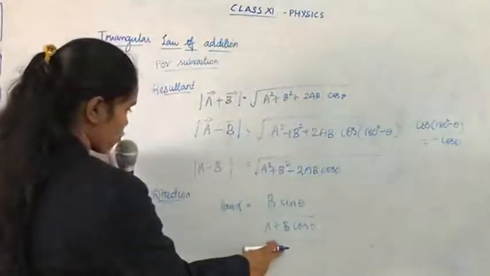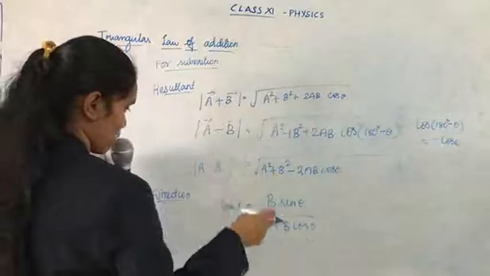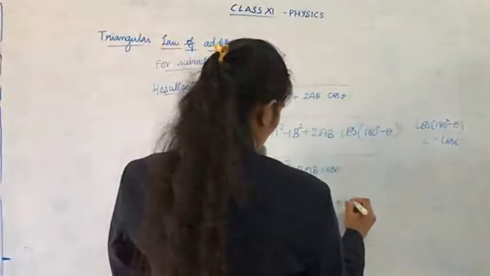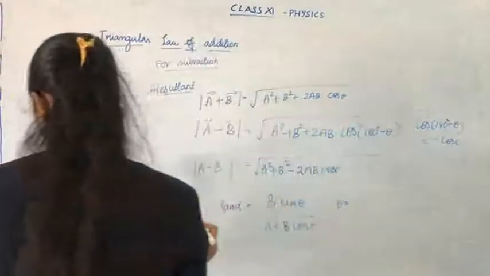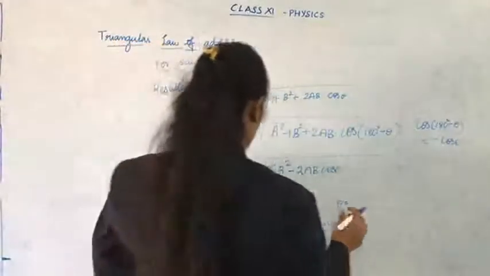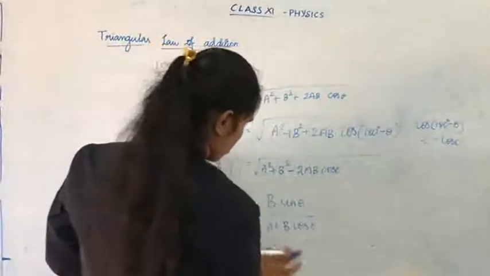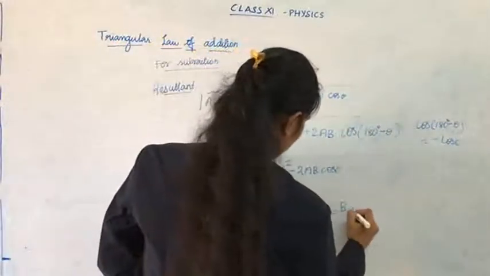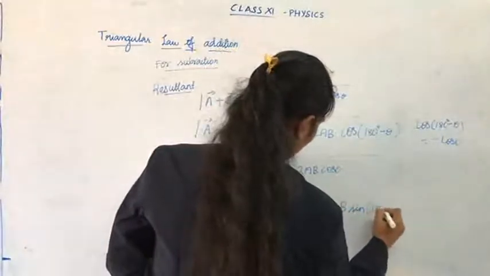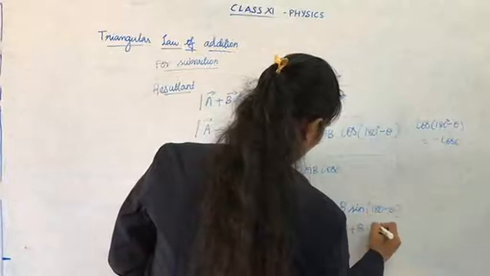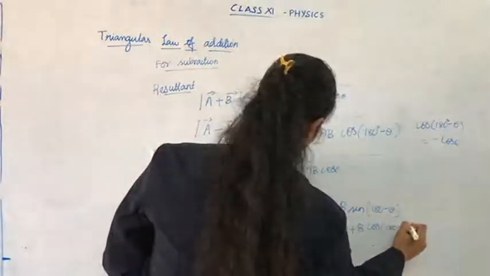This formula is for addition of vectors, but for subtraction what happens? Theta becomes 180 minus theta. So B sin of 180 minus theta by A plus B cos of 180 minus theta.